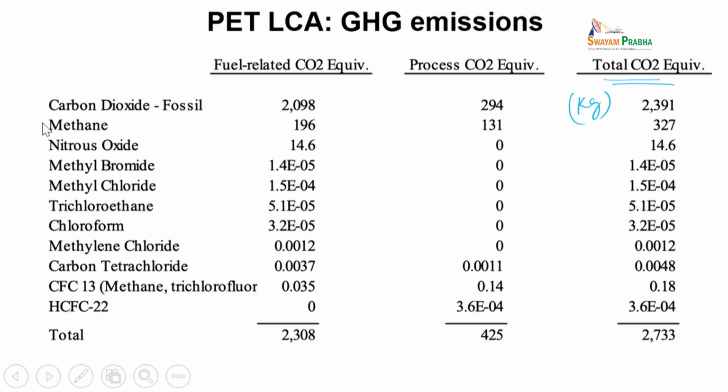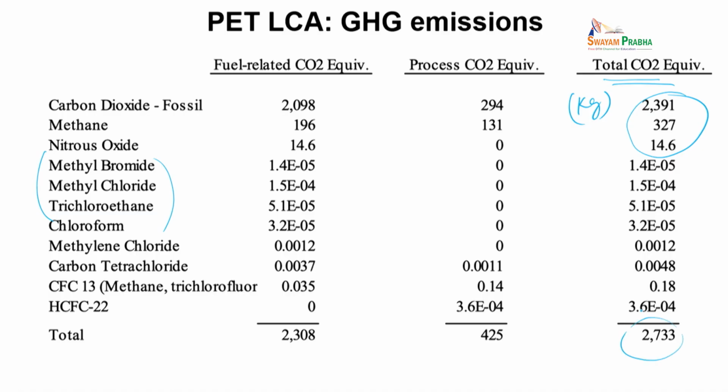The various gases that are involved are carbon dioxide, methane, nitrous oxide, methyl bromide, methyl chloride, but all these other things are in much lesser quantities, whereas the dominant ones are largely the first three: CO2, next is methane, and then nitrous oxide. They sum up to give a total amount of CO2 equivalent emissions for the greenhouse.